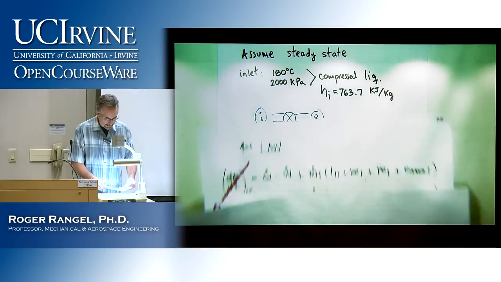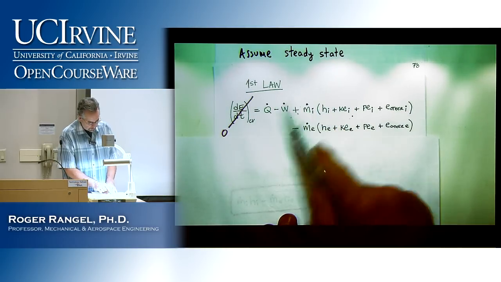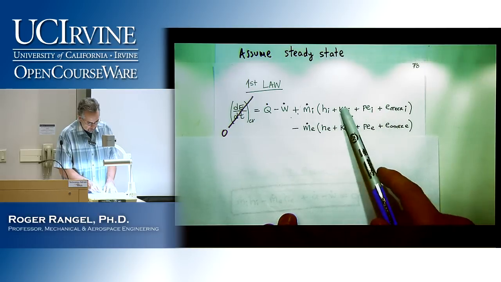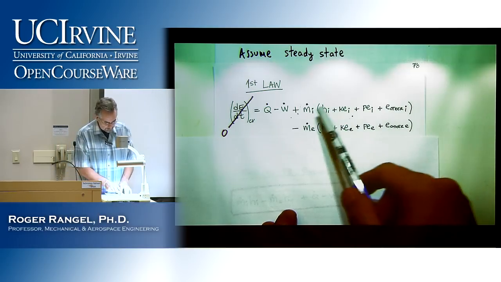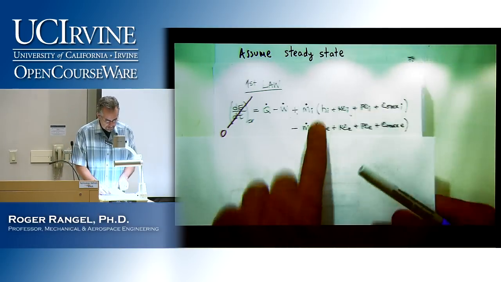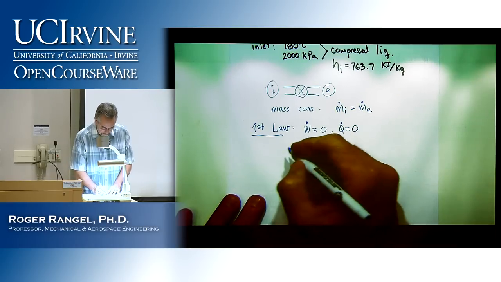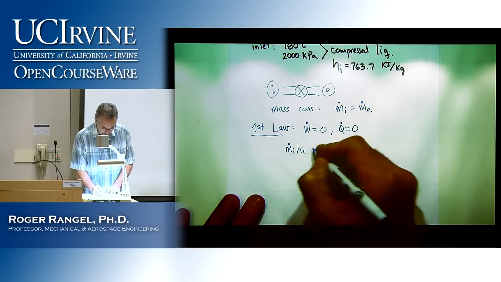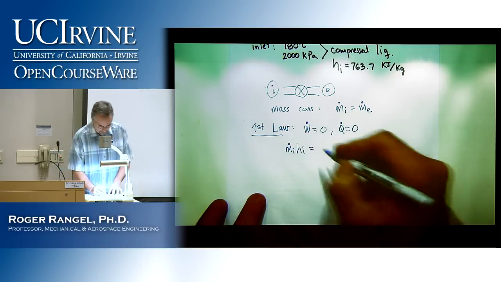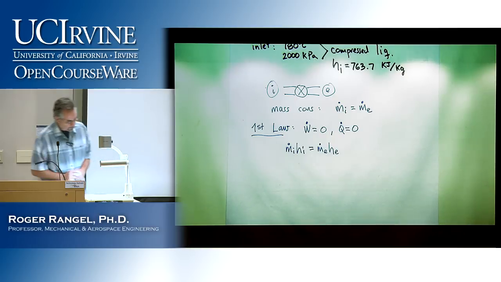So all that we have left then, if we cross the heat transfer term out, the work term out, and the other forms of energy, kinetic, potential and other forms, all we have, of course, is the enthalpies at the inlet and the outlet. So all we have left for the first law is m dot in h in equals m dot out, or exit, h exit.